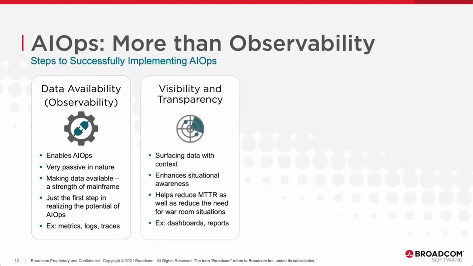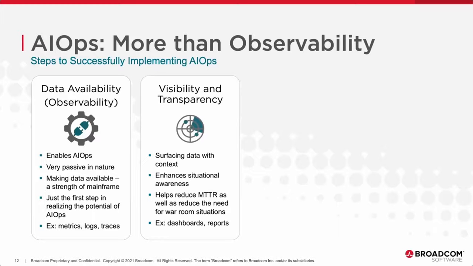The next part of AI ops, typically, as other folks are talking about it, is that making that data available then encourages visibility as well as transparency. It allows you to get some context of what the data is, as well as helping to enhance the situational awareness that I talked about earlier.